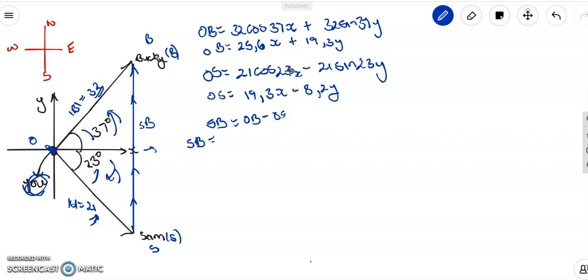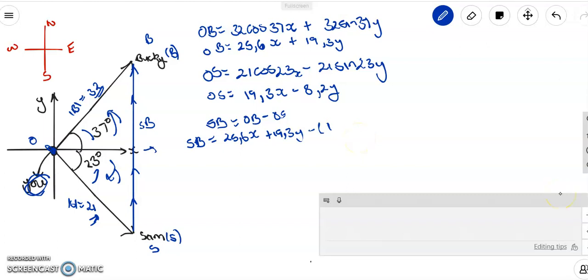OB is 25.6x plus 19y, and we're subtracting OS, which is 19.3x minus 8.2y.